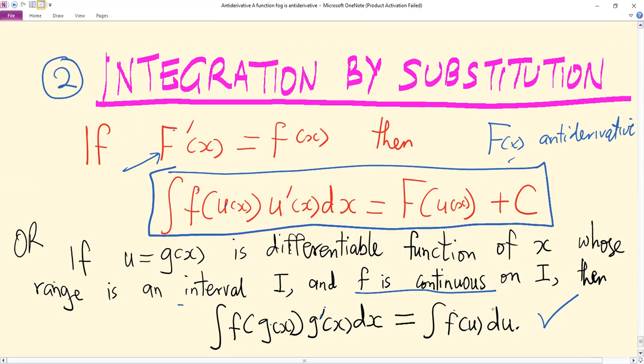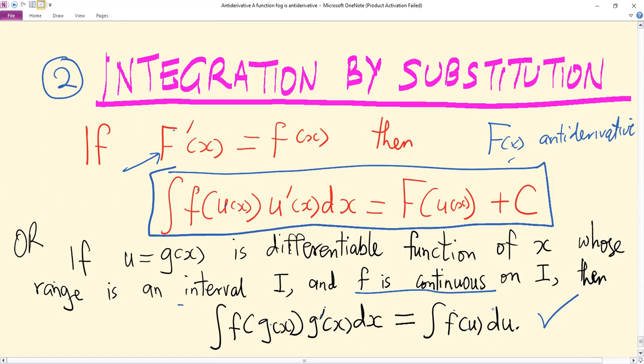Simply what's happening here, to make more sense of the method, is that you'll be given an integrand where the power rule cannot be used directly. So what you have to do is choose some part of the integrand and let it be u, in such a way that the resulting integral will be easier to integrate by, say, the power rule or other methods that we are going to learn.